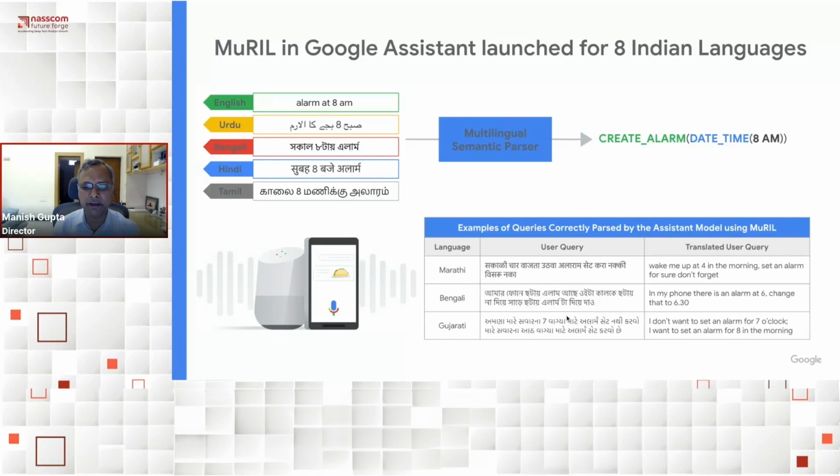There are so many different ways in which you could say, set an alarm for me at 4 o'clock or 6 o'clock and so on. And for all of these different ways in which people might express it in their native language, we were now able to understand the user intent as a result of this model.